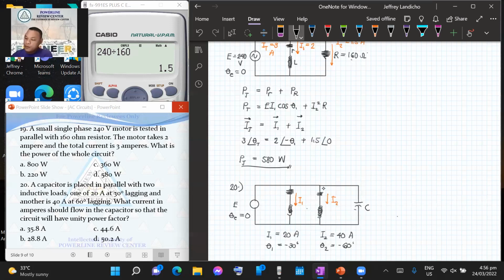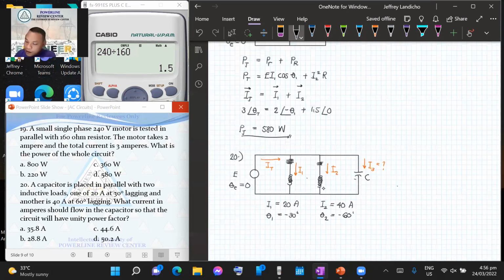Okay, so we have your capacitance. The problem is only asking what the current here would be, let us say I sub 3. What is the condition? When we take the total current there, let us consider the angle of our total current.